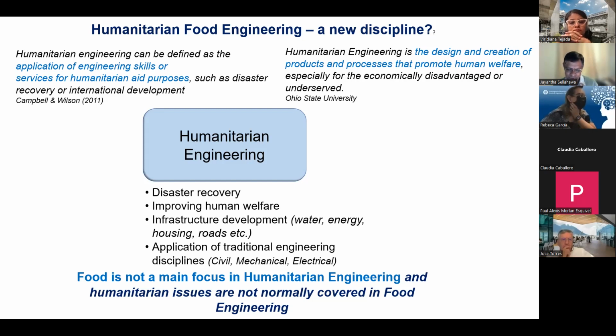If an earthquake destroys a certain community, these engineers will be involved in developing water purification plants or energy systems or housing or roads or bridges or whatever. Normally, that's why they use traditional civil, mechanical, and electrical engineering. They don't normally talk about food. You can see food is not mentioned anywhere in these definitions or in the curriculum of these courses. Likewise, when we talk about food engineering, we don't talk about humanitarian issues.